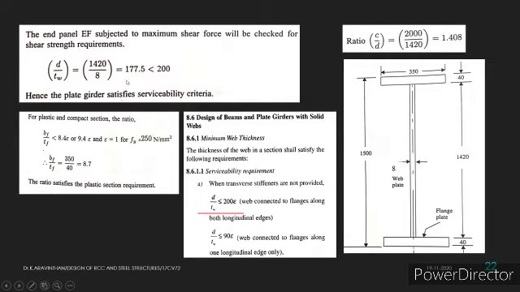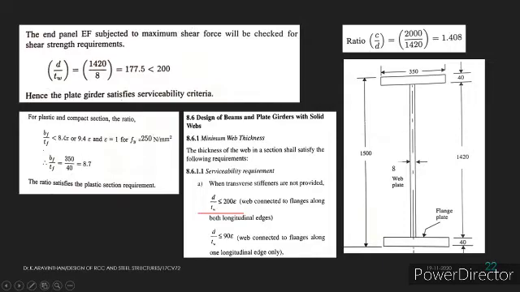Okay. Next, for plastic and compact section, the ratio of breadth of flange divided by thickness of flange should be lesser than 8.4 epsilon or 9.4 epsilon. The class is given in the previous lecture, you can refer to that. So here we have assumed thickness of flange as 40 mm, hence this value is 8.7.